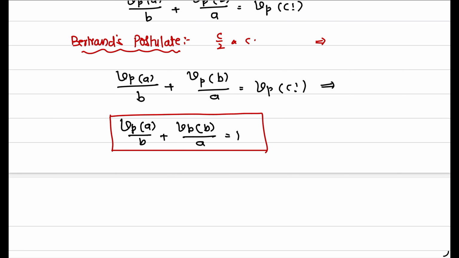Now, the prime in factorial C divides both A and B.